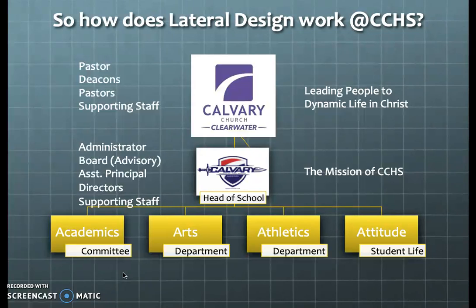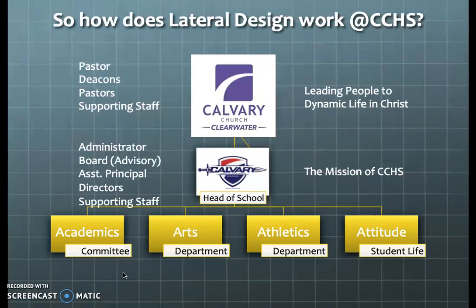So this mission filters out through every quote-unquote ministry of Calvary Church. The leadership structure of Calvary Church is to your left: the pastor, the deacons, supporting pastors, and supporting staff.